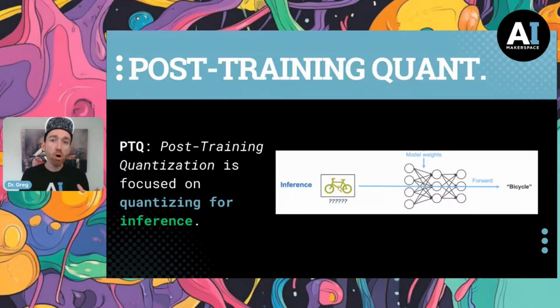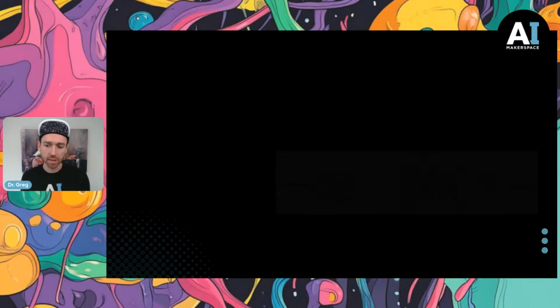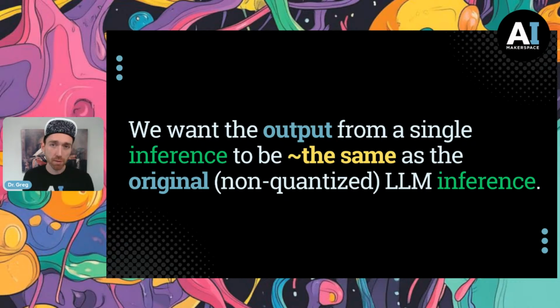We might call it the post-training phase. We talked about this last week with RC, and there's a lot of things you can do in the post-training phase. We're talking about post-training quantization. When we're doing post-training quantization, we want the output from a single inference, from a single input that flows through the network, to be about the same as the output that was generated with all of the original weights.